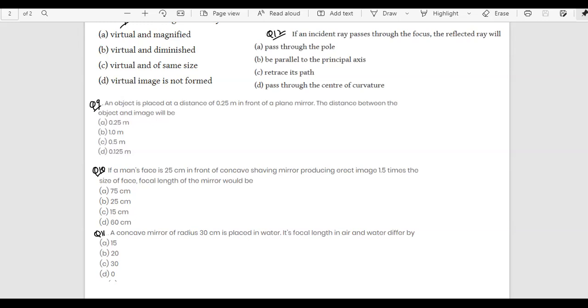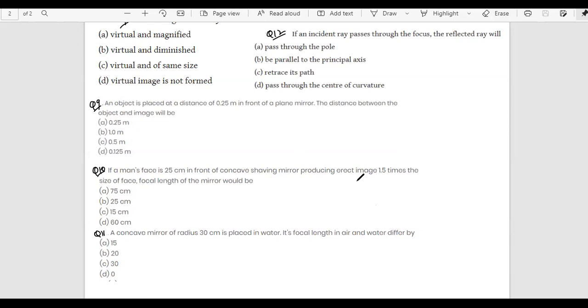Yes, it would be 75 centimeter. Very good. So how, Asila, do you know how to solve this question? Question number 10. Tell me honestly, beta. No, sir. Okay, beta.